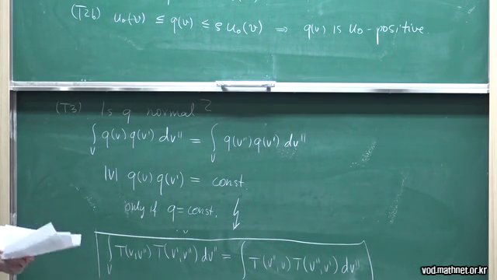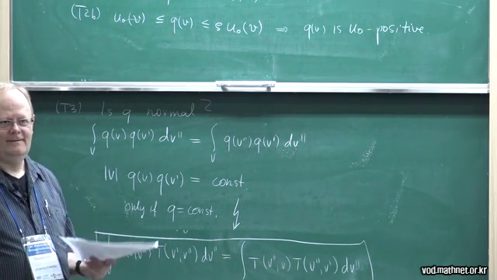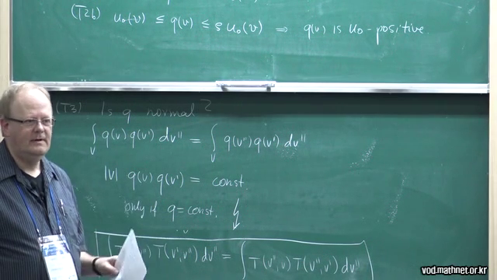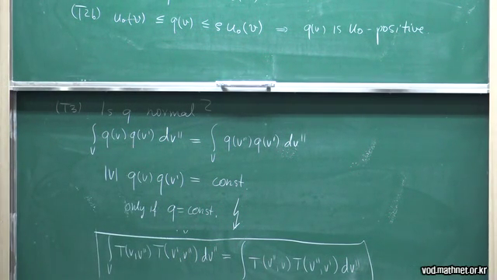What is U0 in this case? You can choose a non-negative function in the cone and then put it there. So U0 is a very good question. U0 can be anything you want, but it cannot be the zero function.